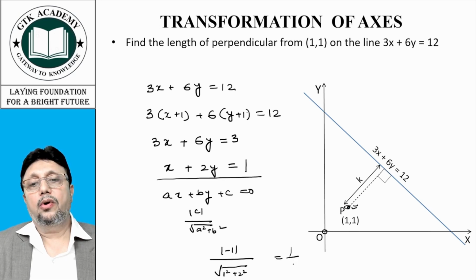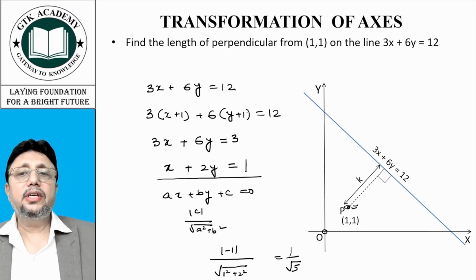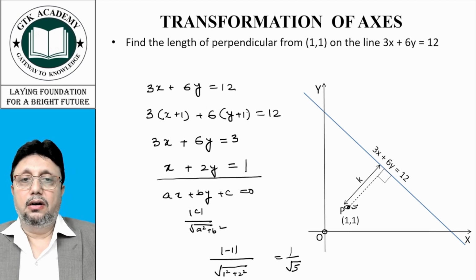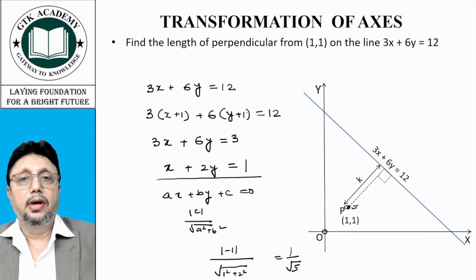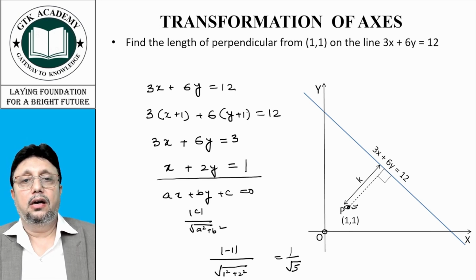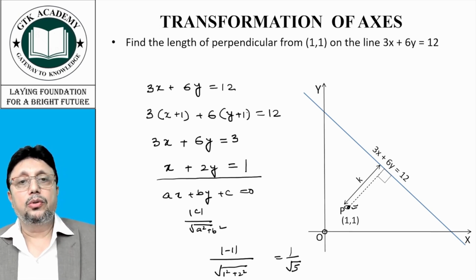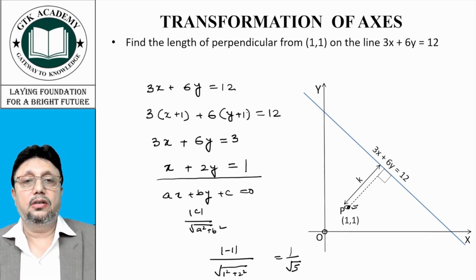That means 1 upon under root 5. So you can see in this case, transformation has simplified this whole problem, and we can solve it quite easily as compared to the tedious method.